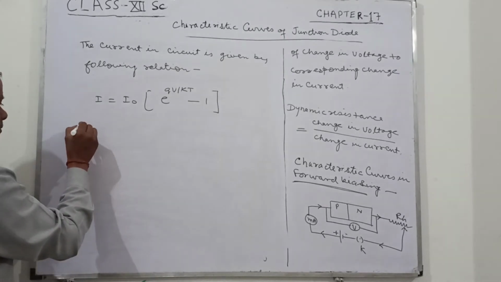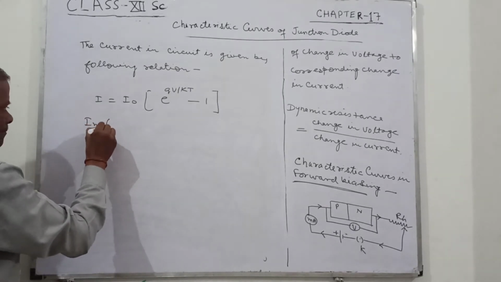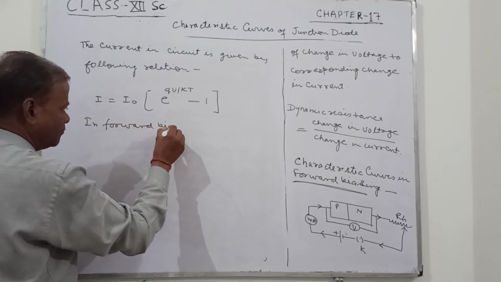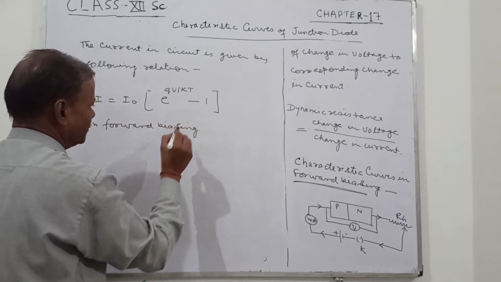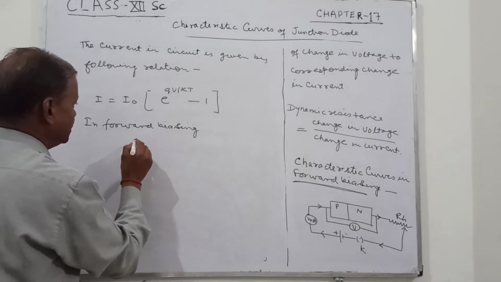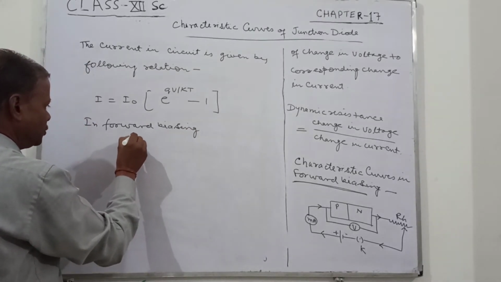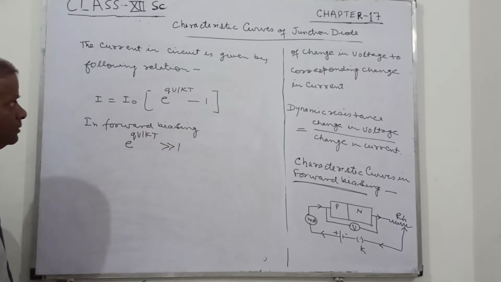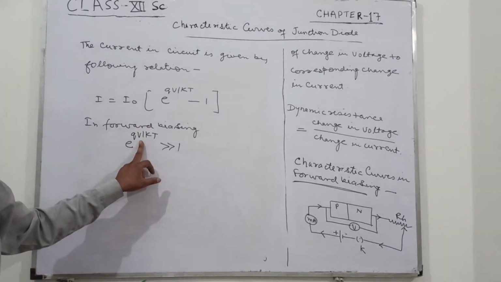In forward biasing, this e raised to power qV upon kT is much greater than 1, because here the voltage is positive.